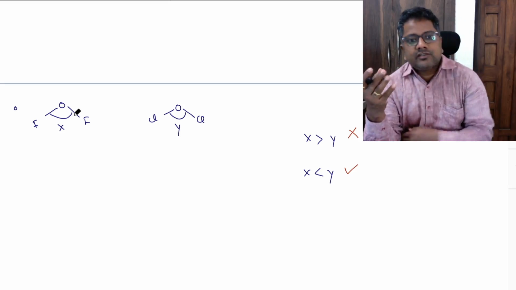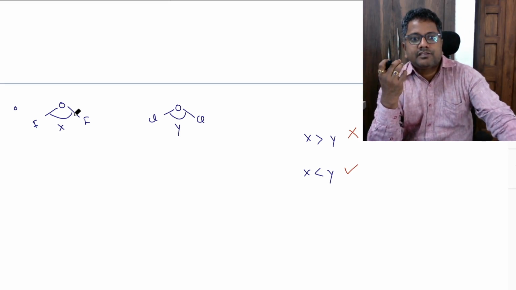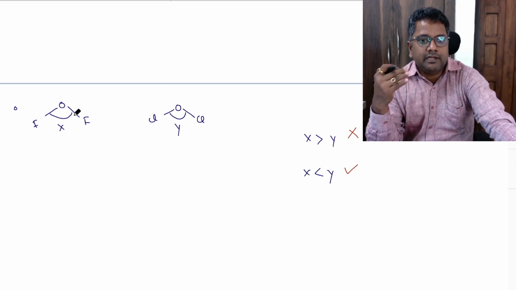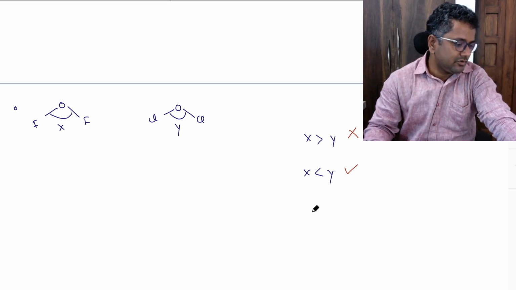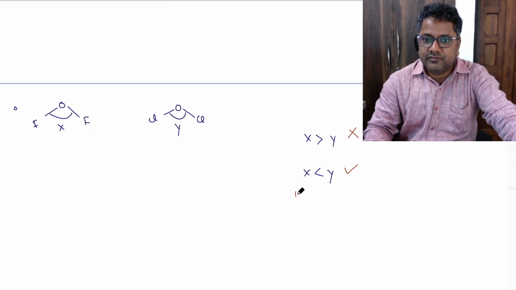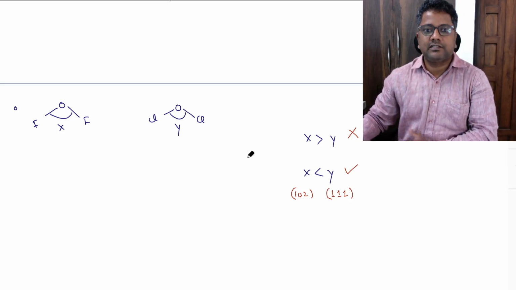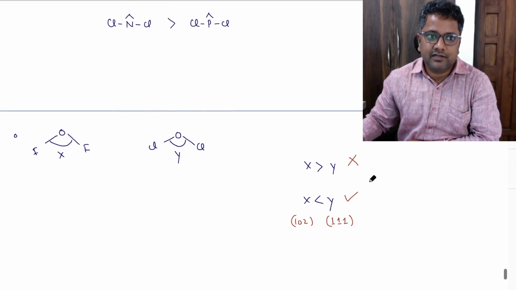So the bond angle in OF2 is less than OCl2, and if you want the values, you can see 102 and 111. This is 102 and Y is 111, right? So in this way you can use Bent's rule and theoretically you can predict the bond angle as well, right?